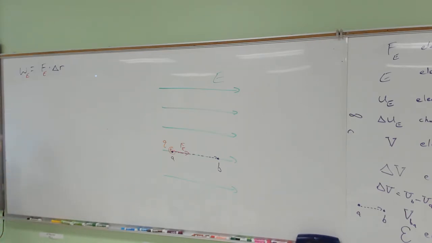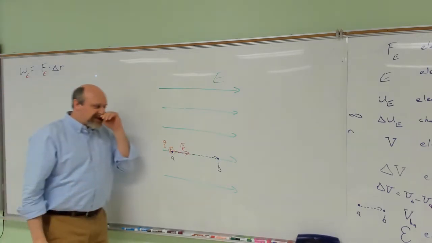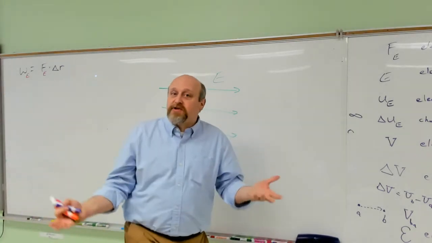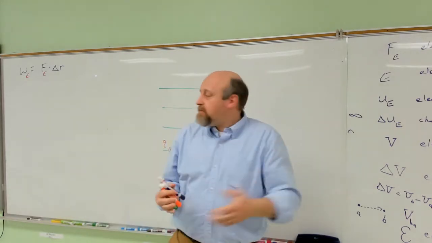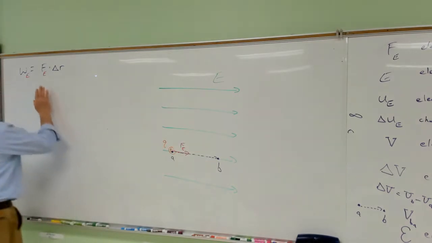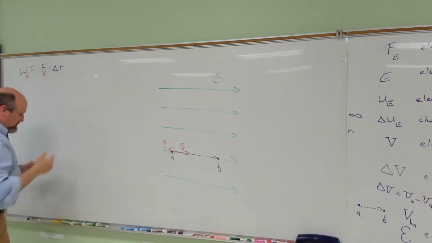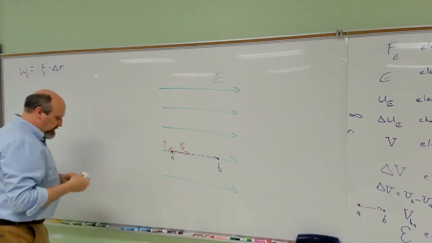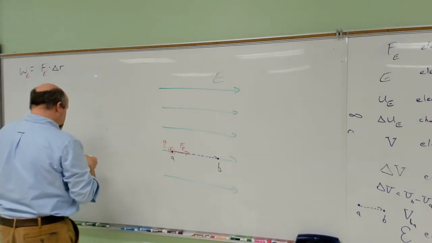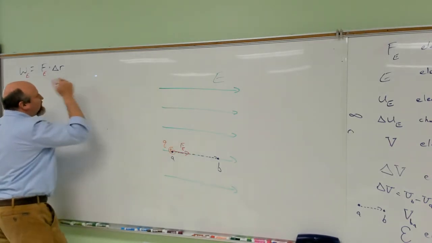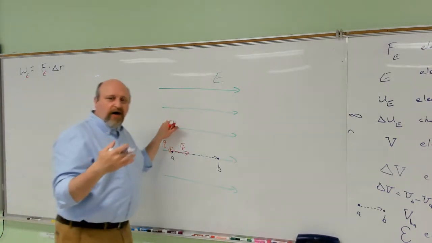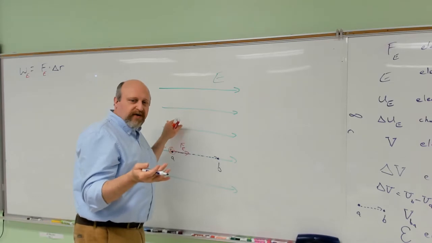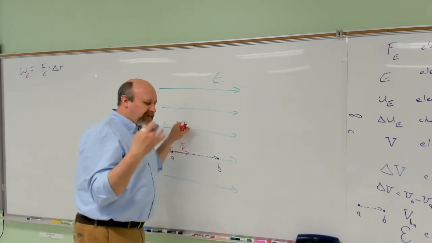And so for the work done by the E field, I'd really like to get this equation in terms of electric field strength. We just spent a whole unit calculating electric field strength, that capital E. So let's rewrite this equation in terms of big E. I remember electric field strength: imagine I have a particular location and I want to think about how big the force would be on a charge that was put there. How big the force would be depends on how big the charge is.